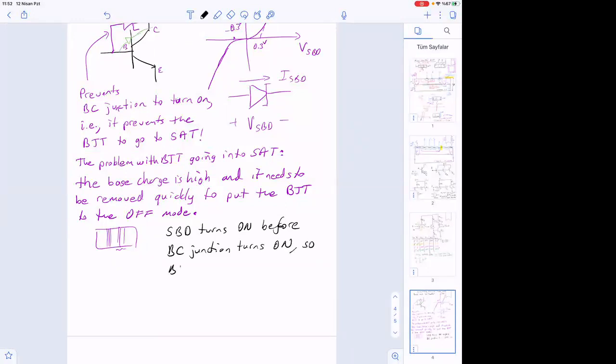So the base collector junction cannot turn on.